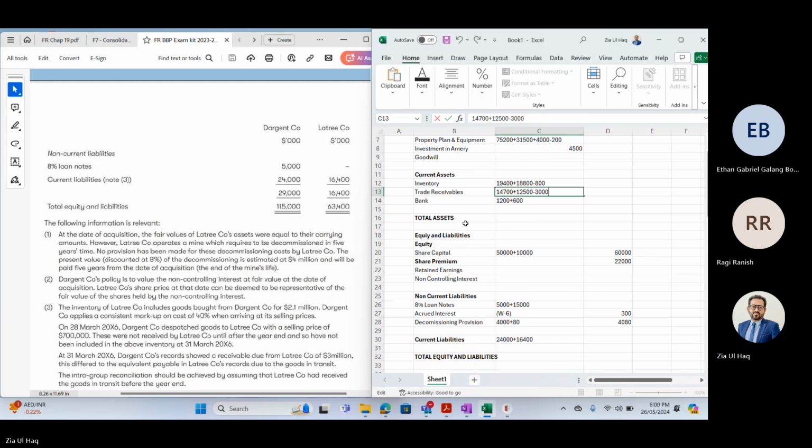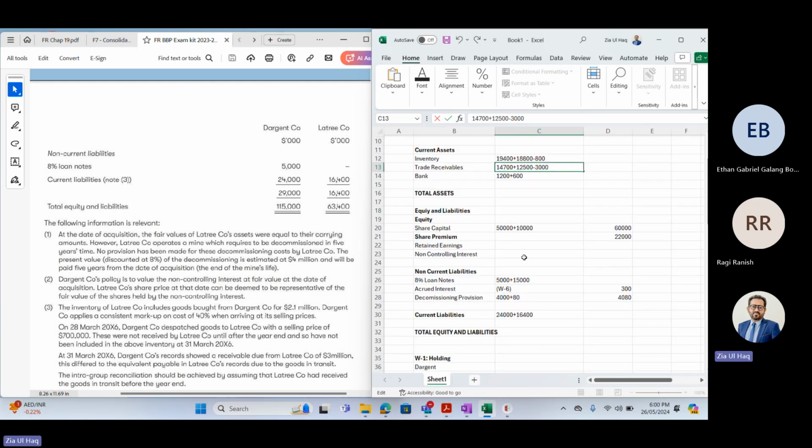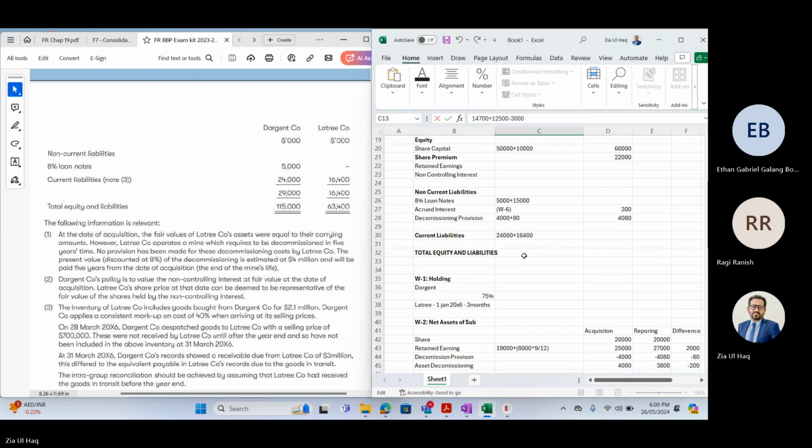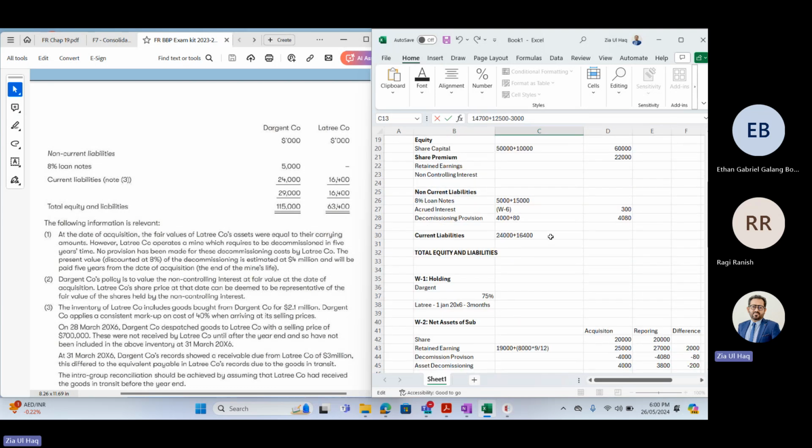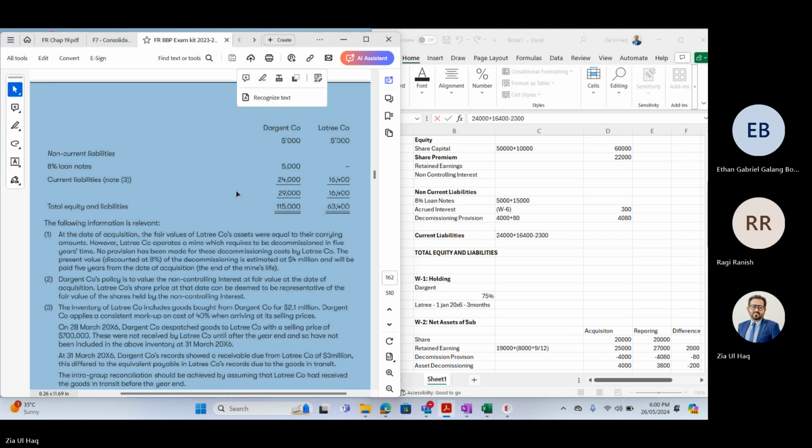But from payables, meaning current liabilities, we need to adjust how much? 2,300 rather than 3,000, because due to goods in transit, payables are different. Shall we move forward?